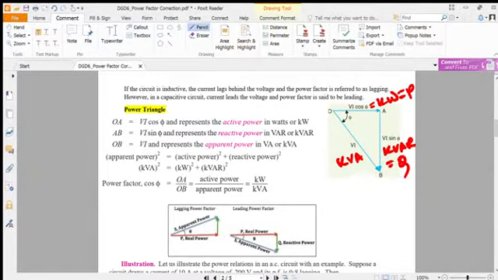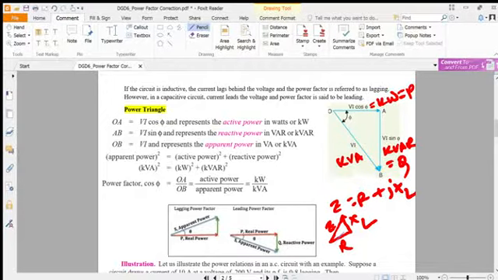It's just like Z equals R plus jXL. If we draw the phasor diagram, this is R, equivalent to real power, this is XL, this is Z, and this is the power factor angle theta.